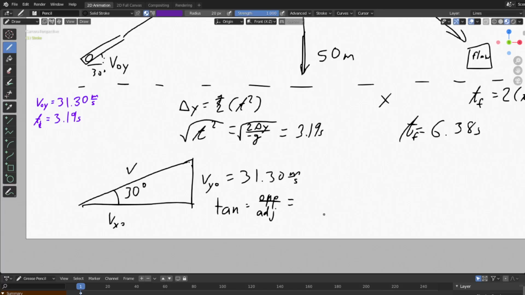Or in other words, tan of 30 degrees is equal to 31.30 over v naught x.